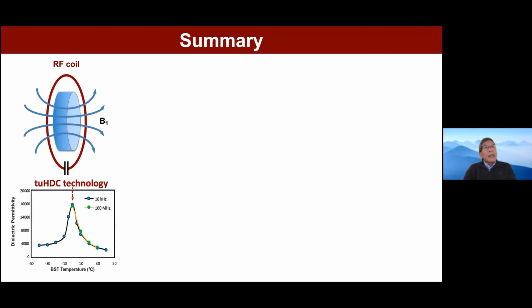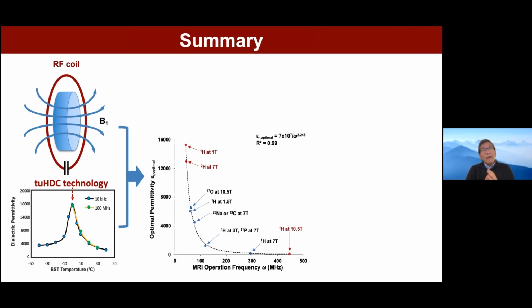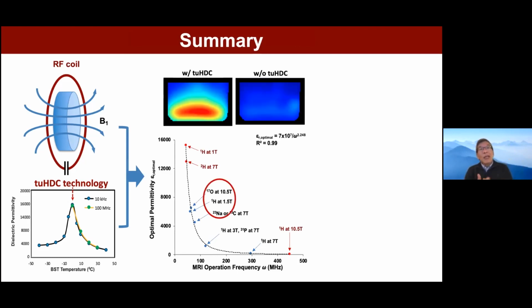So finally, this is the summary. When we integrate this material technology with the IFO coil, with its huge tuning range, we can optimize for many imaging applications. Although so far we tested 3 kinds of applications, the same technology can extend to even more imaging applications, including proton at relatively low field and X-nuclei at ultra high field.